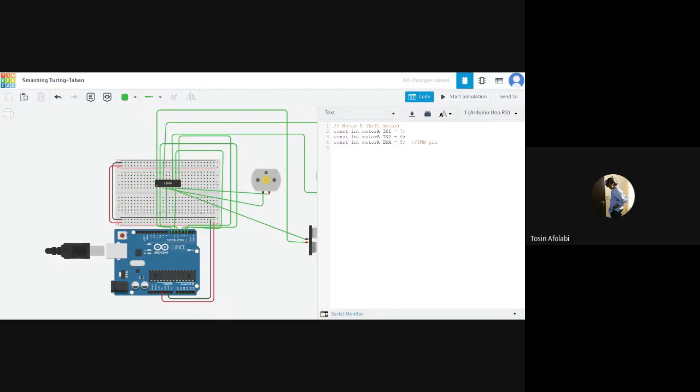Then do the exact same thing. Copy everything and give some space. Do it, but this time change it for B. That's going to be our right motor.